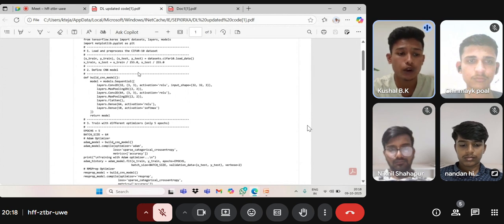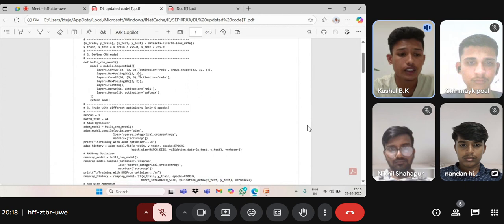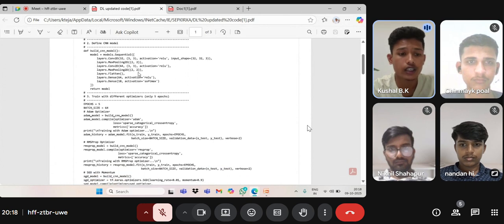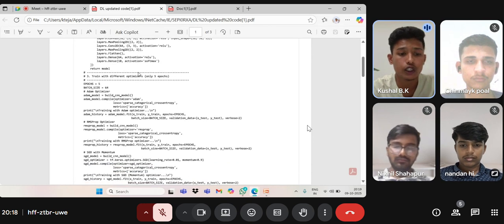Here we build a CNN model. We have taken a Conv2D layer with 32 by 32 pixel input size, and we are using MaxPooling2D and Flatten layers, and return the model. Next, train with the different optimizers.